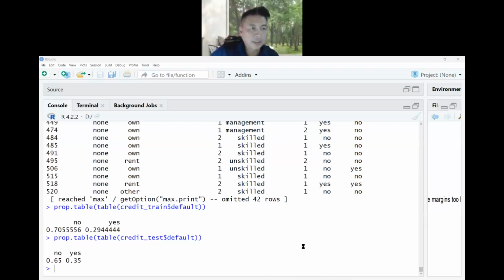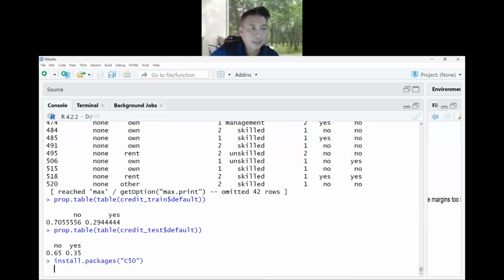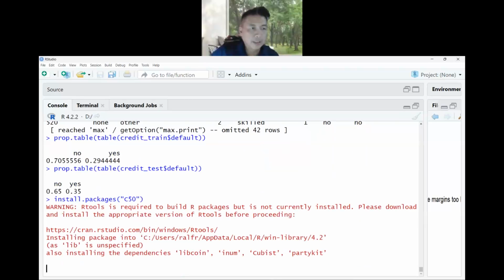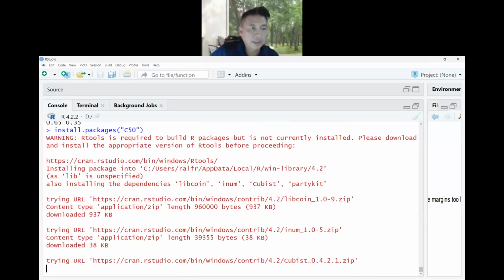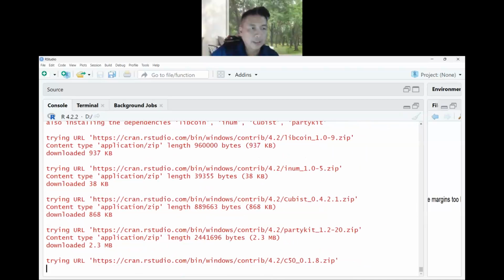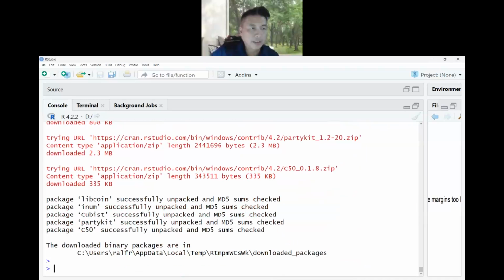Now we install the package. This is the C5.0, also known as the decision tree.